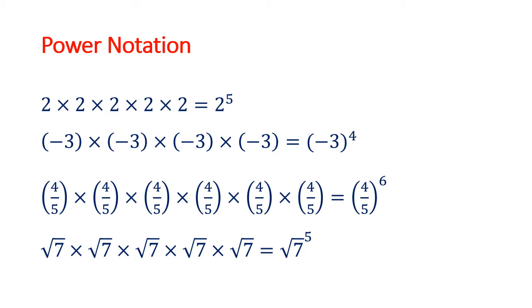When we have repeated multiplication, like 2 multiplied 5 times, this repeated multiplication is written as 2 raised to the power 5, where 2 is called the base and 5 is called the power or the exponent. So I hope you are thorough with this. In the previous lecture we saw how we write repeated multiplication as 2 raised to the power 5, the base and the exponent.